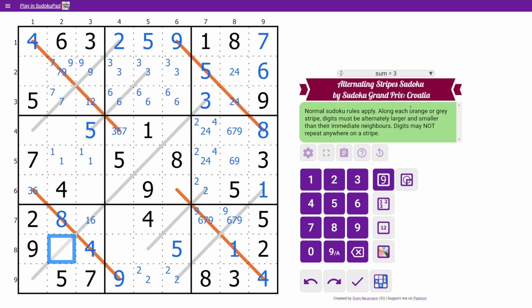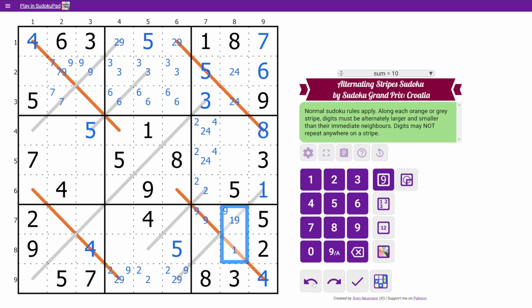I think this needs an example. Larger and smaller than their immediate neighbors. Maybe that means larger and smaller like that. Let me back all the way up to that, what was it, the 9? The 9 on the top, I think. Is that it?